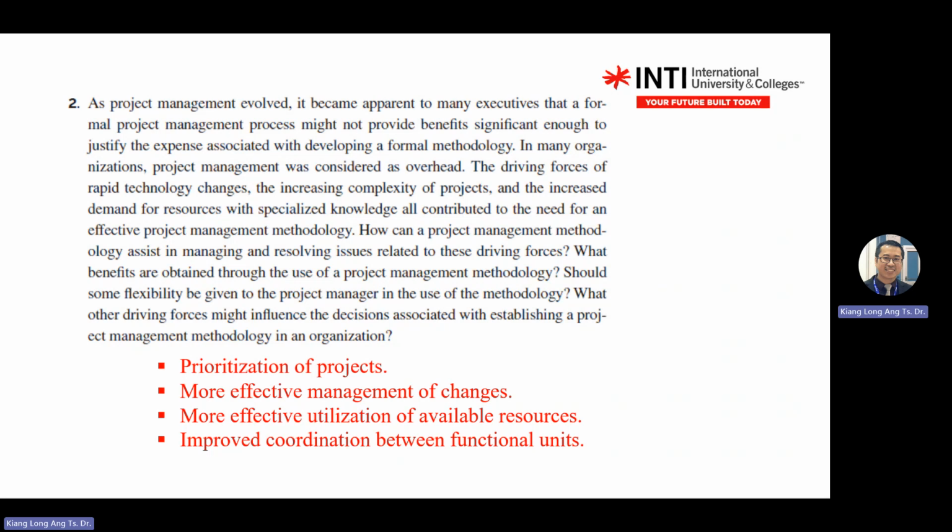And then utilization of resources, or optimization of resources, and improved coordination between the functional units, right? So you as a project manager, you need to communicate and integrate there.